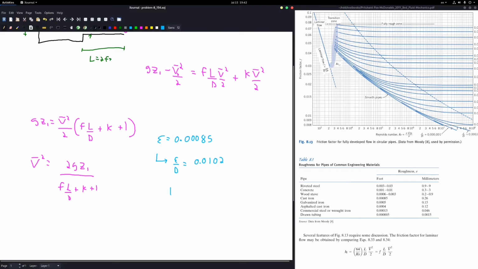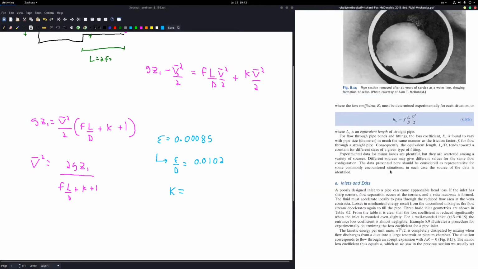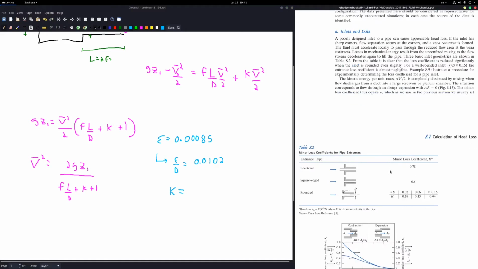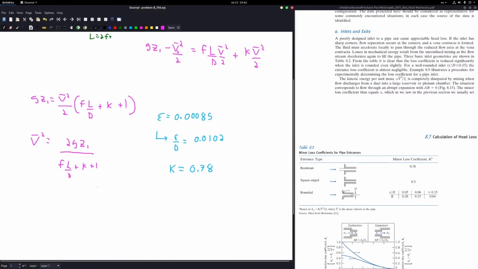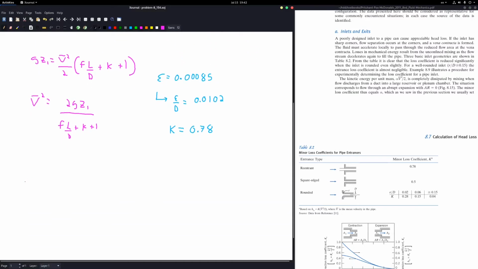Now for the first part of the problem, we're going to assume a reentrant, so our minor loss coefficient will be 0.78. As we now know K, we can even further simplify our expression for the velocity.